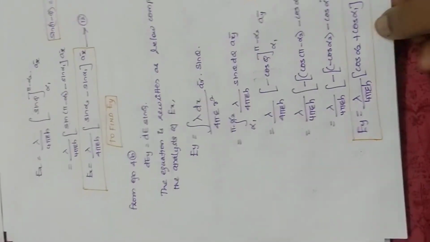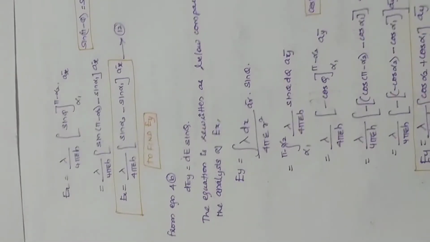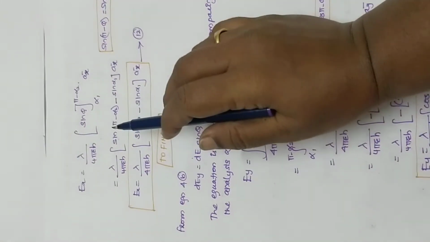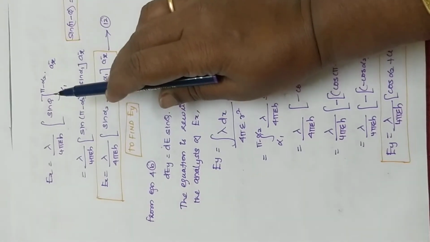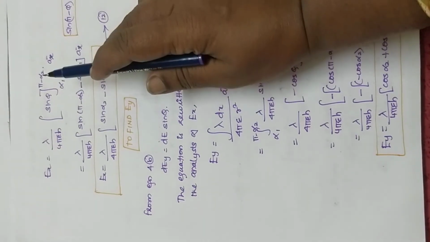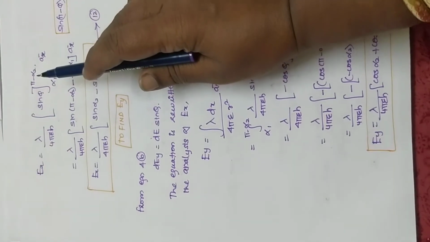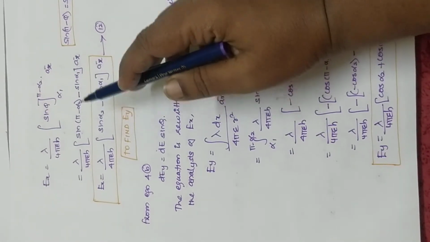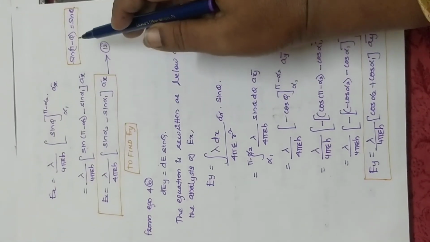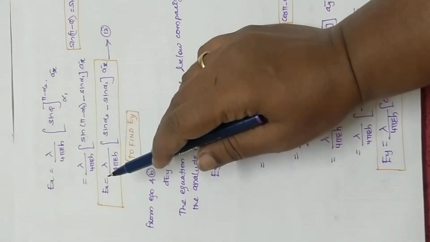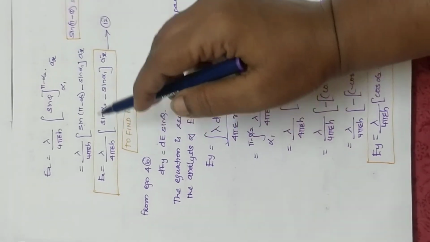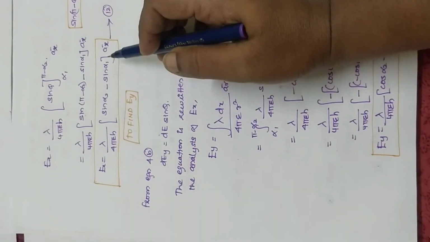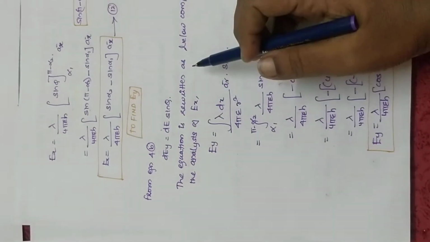Next step, Ex becomes equal to lambda divided by 4 pi epsilon of h, integral of cos theta d theta, which is sin theta from alpha 1 to pi minus alpha 2. So sine of upper limit minus lower limit. You know sin of pi minus theta equal to sin theta. So the equation takes the form of Ex equal to lambda divided by 4 pi epsilon of h into sin alpha 2 minus sin alpha 1 of Ax vector.